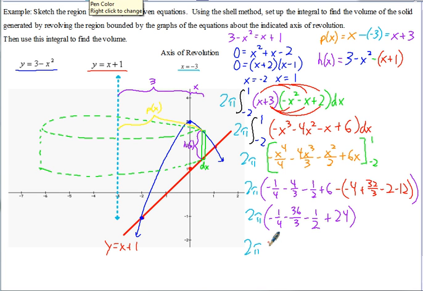So almost got it simplified now. So now if we just combine the -1/4 and the -1/2, that's in fact -2/4, and -1/4 would be -3/4. And notice this is -36 divided by 3 is just -12. So 24 minus 12 is +12.